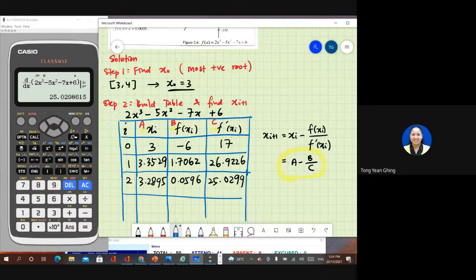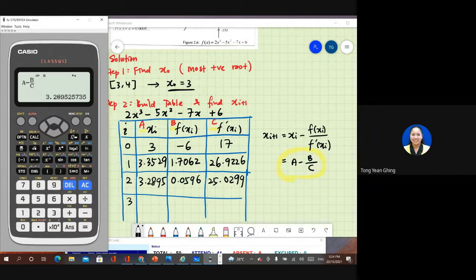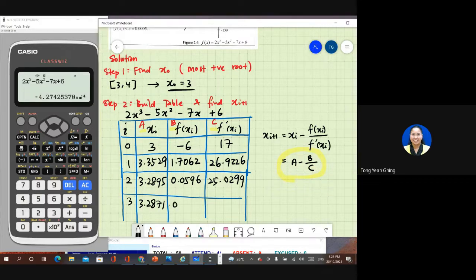Okay, continue with the third iteration. Using the formula, calculate. A is 3.2895, B is 0.0596, C is 25.0299. So we get 3.2871. Calculate f at 3.2871. Okay, negative 0.0004.